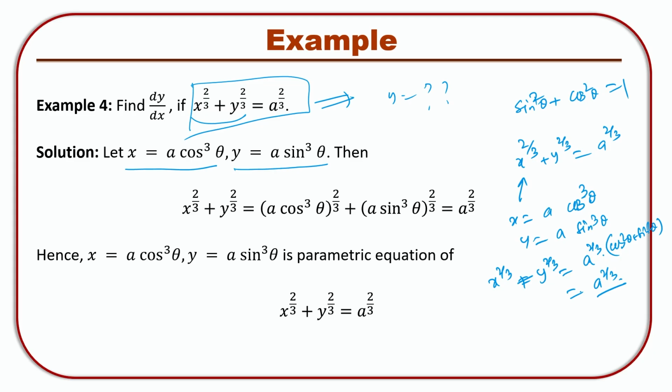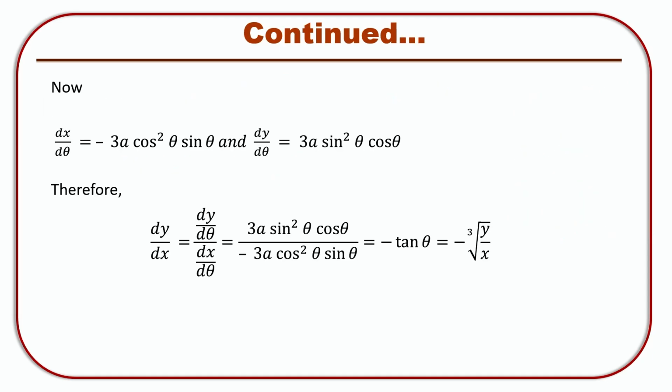So that means x equal to a cos^3 theta and y equal to a sin^3 theta will work, and I can use this parametric equation. This is called a parametric equation.